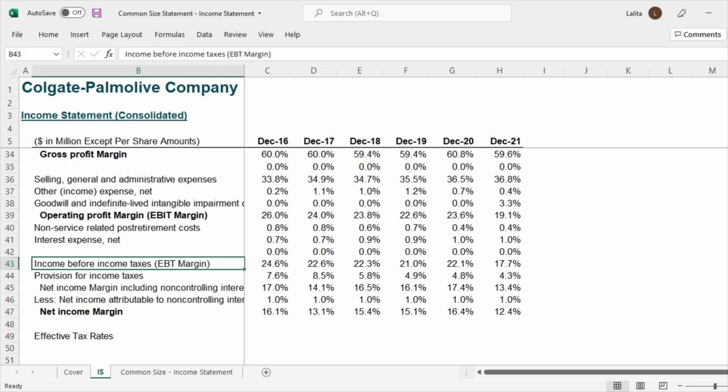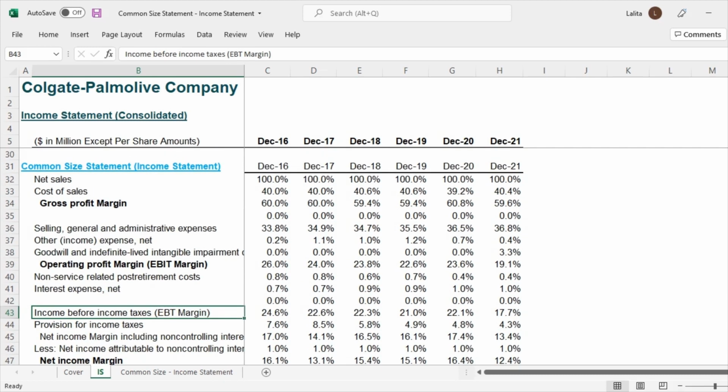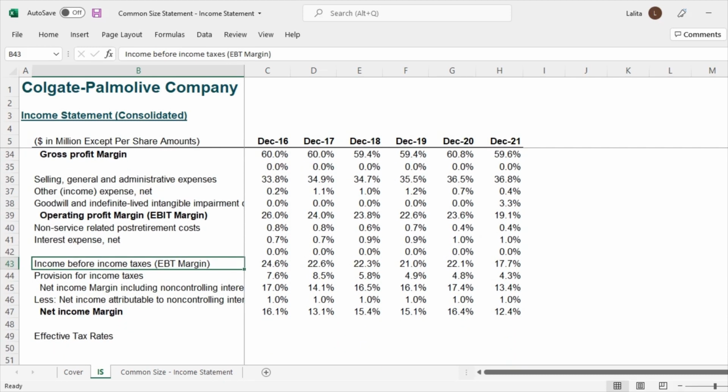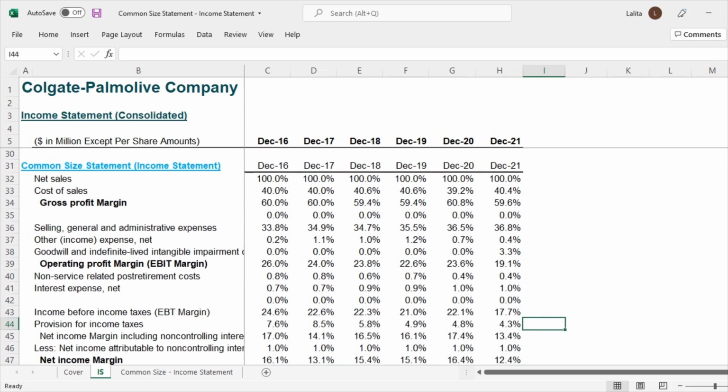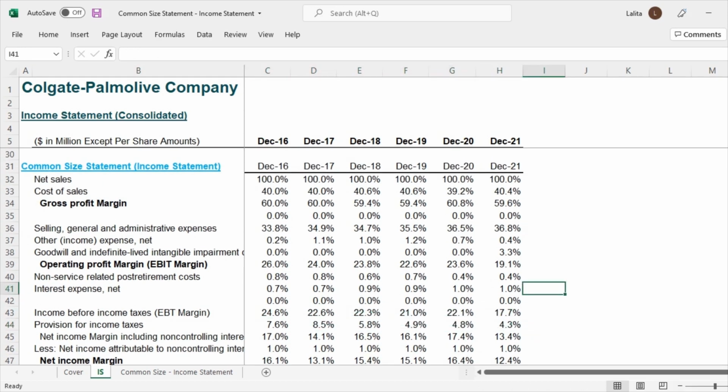You will pay it on income before income taxes, right? After all the expenses have been taken care of, the income before income taxes will define your provisions for income taxes, right? So dividing by sales doesn't make any sense. So sales proportions sometimes don't make sense. This is one thing that you need to remember in terms of limitation.